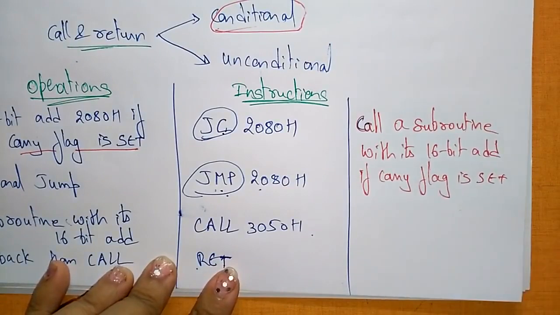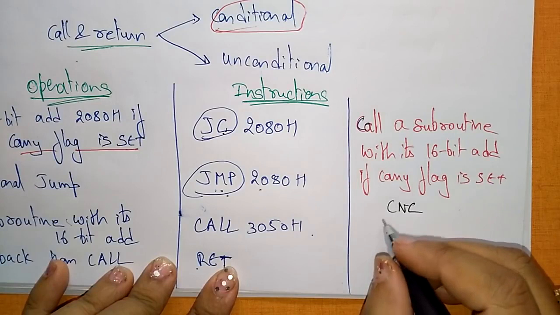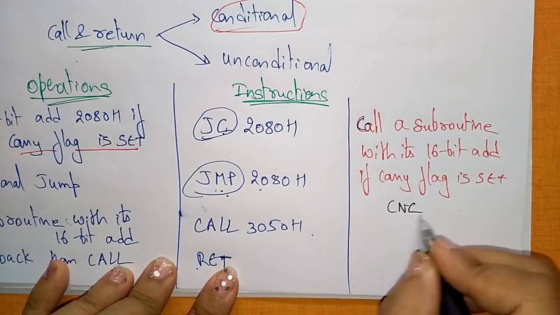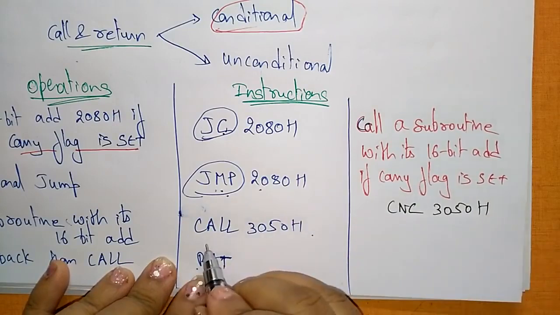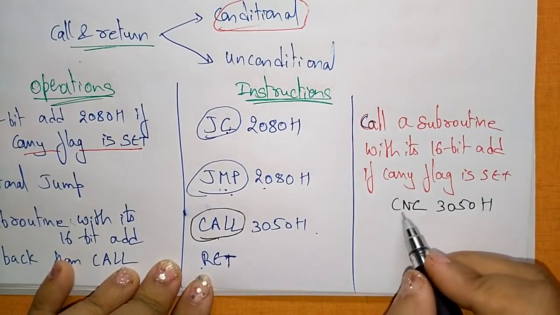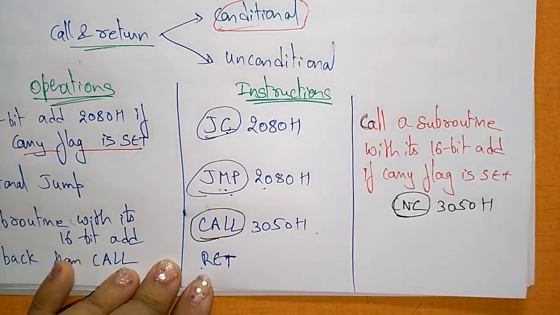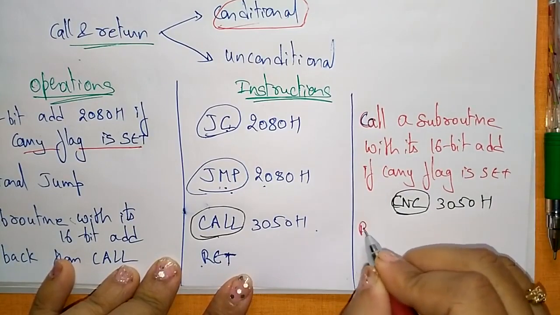The instruction is CC 3050H. If it is unconditional, you write CALL. If a condition is there, you write CC, call a subroutine whenever the carry flag is set.